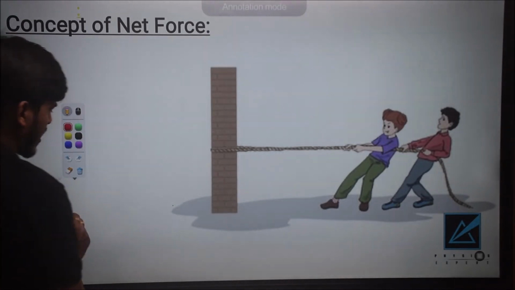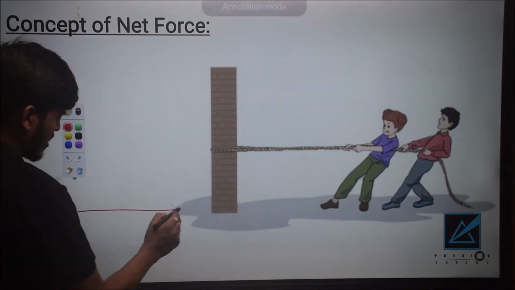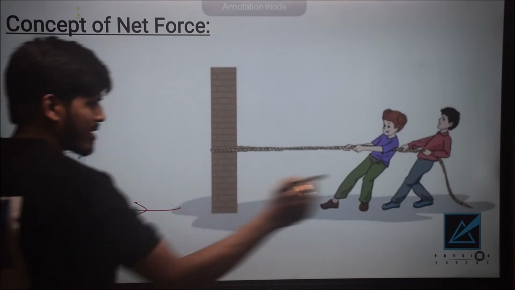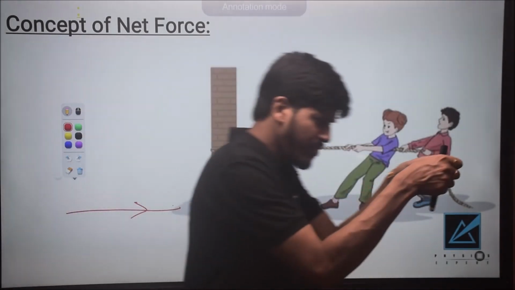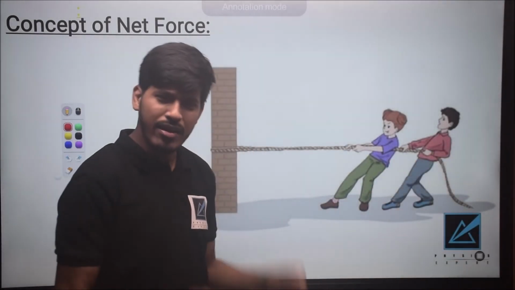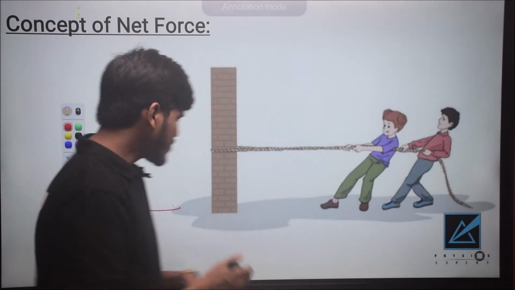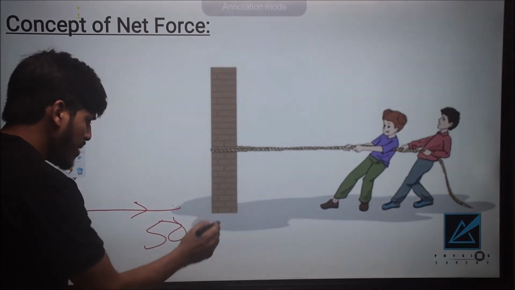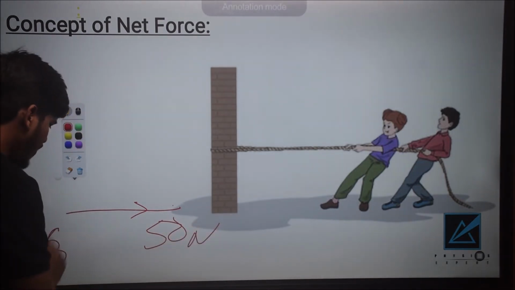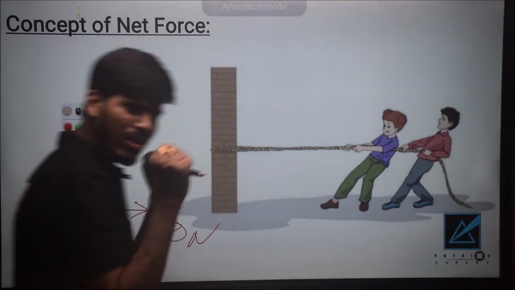Suppose a person is running in this direction. Now if you hold him, and he is running with a certain force, suppose 50 Newton force, and you also exert 50 Newton force on him, then definitely he will stop.